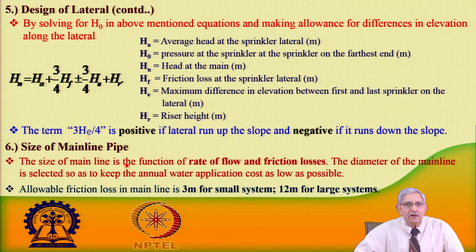and then the head loss due to friction will be computed in the same manner as we calculate in the case of the lateral. Here we will be taking the same case. Now, normally head loss in the main is taken as 3 meter, that is, head loss due to friction is taken as 3 meter for a smaller system, particularly for our Indian land holding.